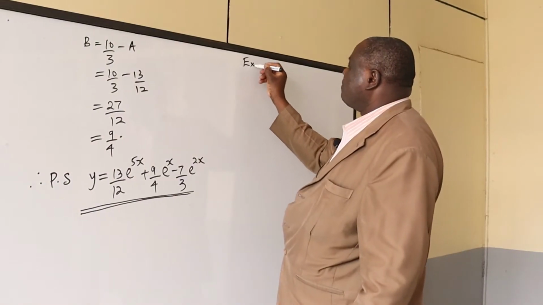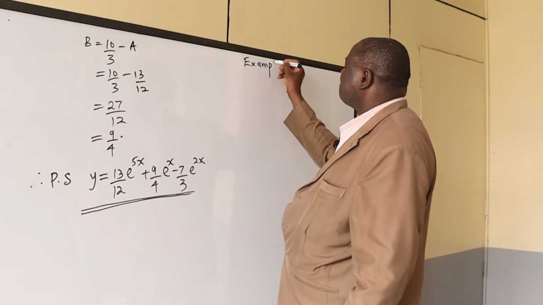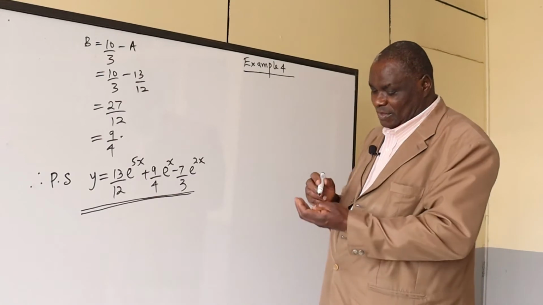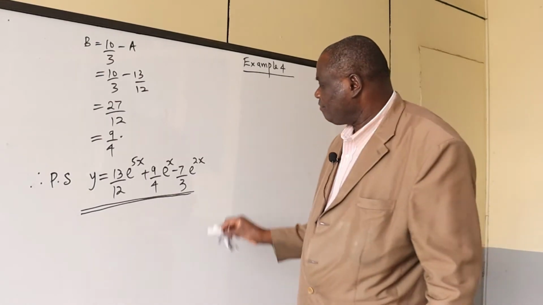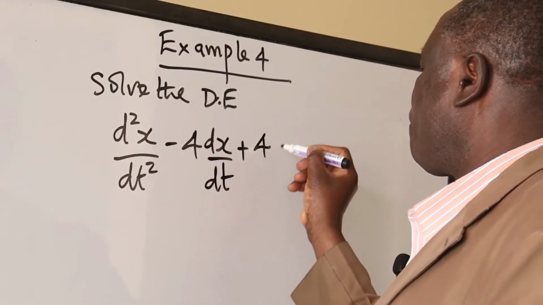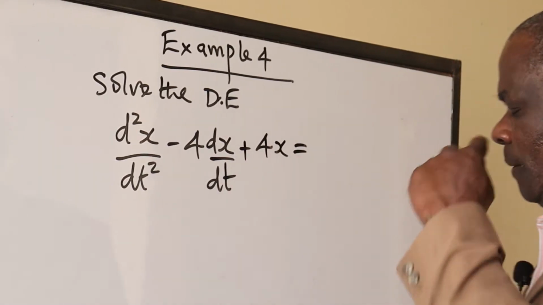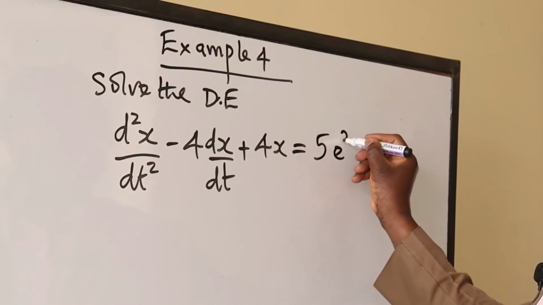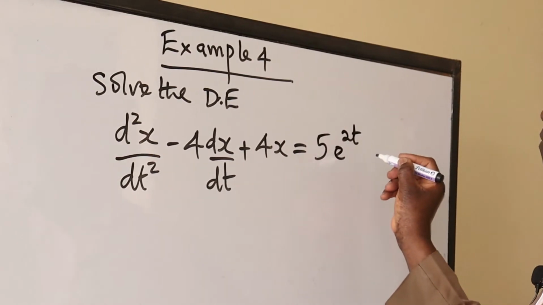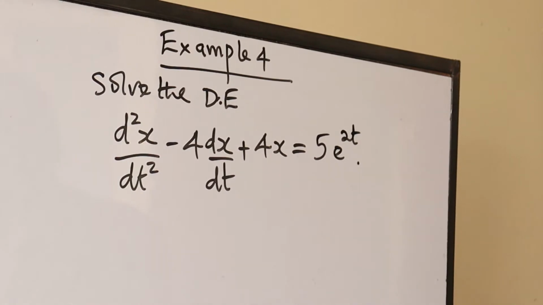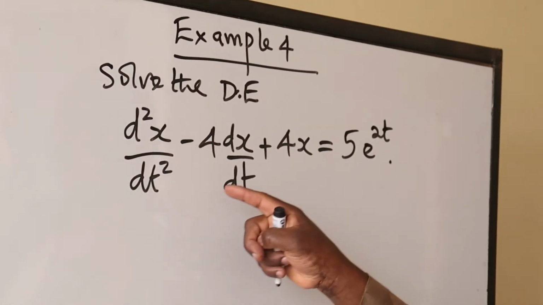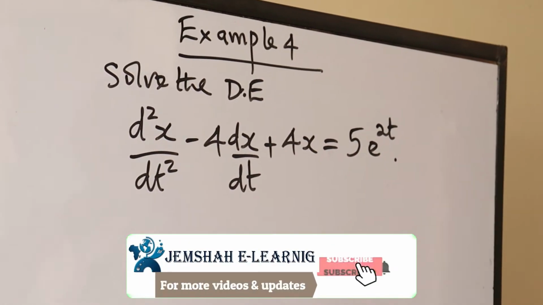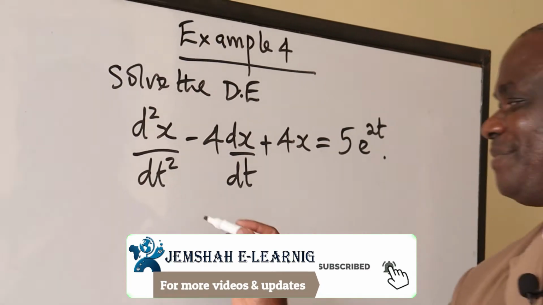Now we move to example 4. Solve d squared x dt squared minus 4 dx dt plus 4x is equal to 5 exponential 2t.